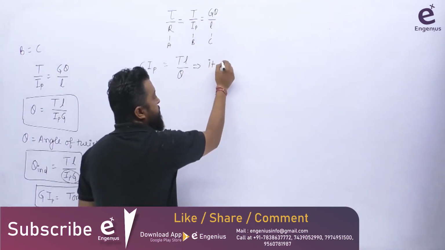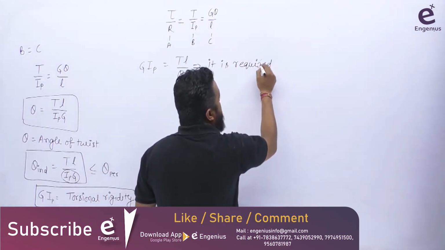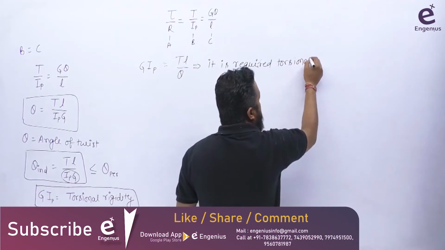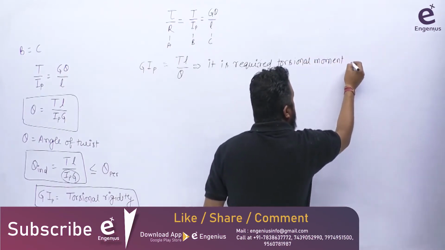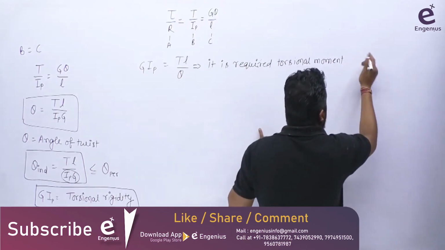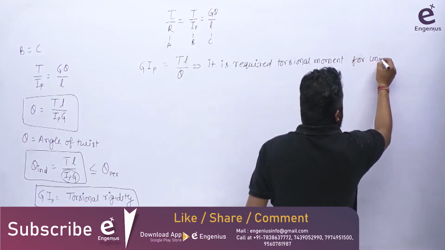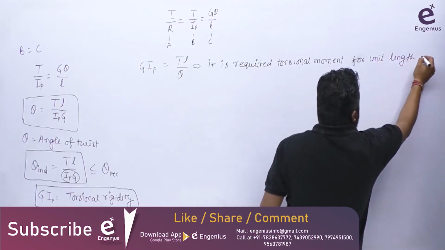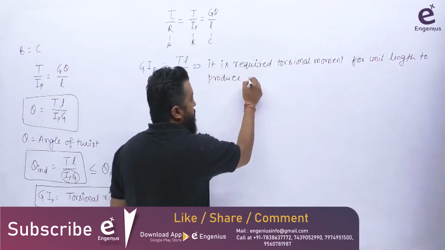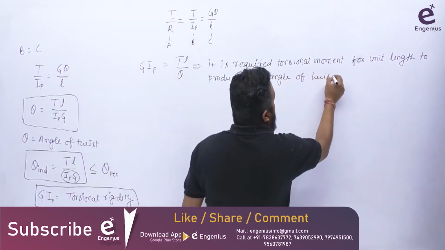It is the required torque or torsional moment, for unit length, to produce unit angle of twist.